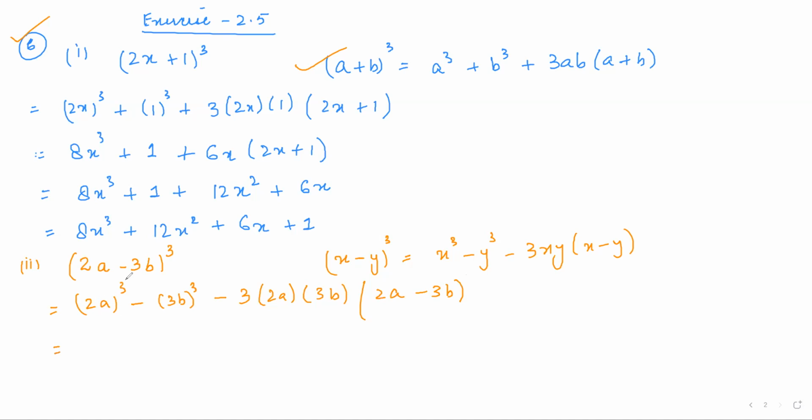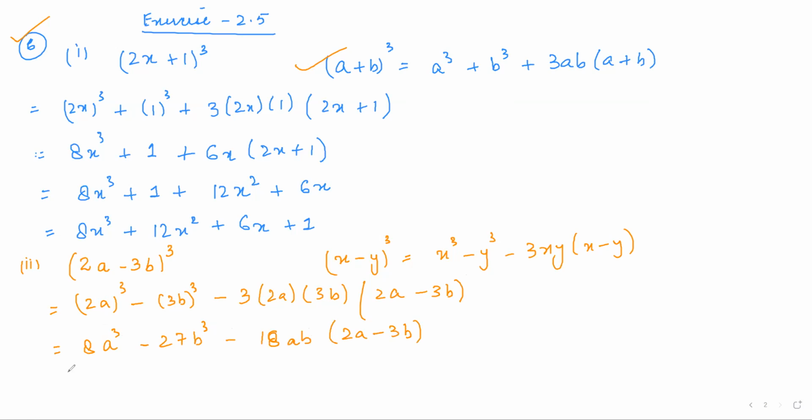This is 2a cube, that means 2a into 2a into 2a, right? So 2 into 2 into 2 becomes 8 and a into a into a cube. Similarly this, 3 into 3 is 9, 9 into 3 is 27, b cube. Minus, now you multiply this, 3 into 2, 6, 6 into 3, 18, ab into 2a minus 3b.